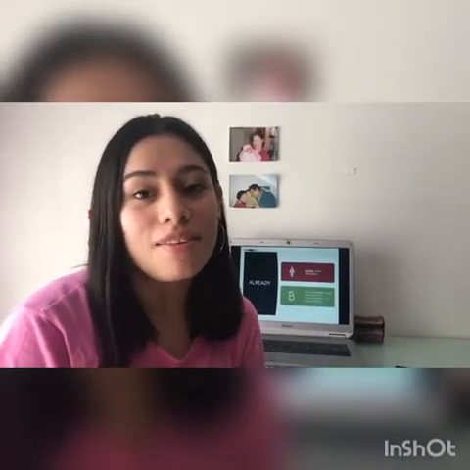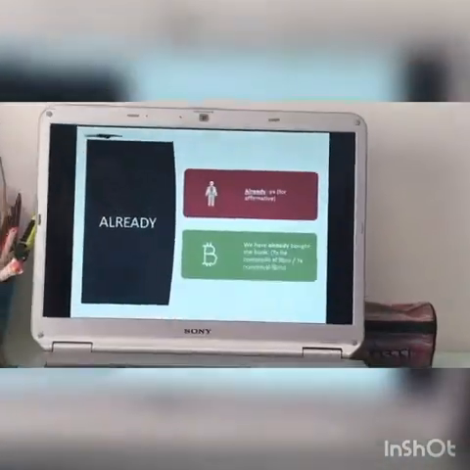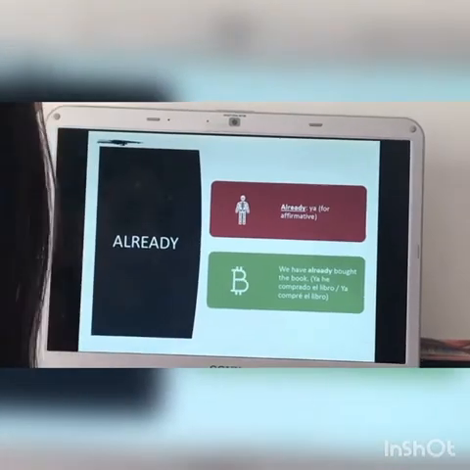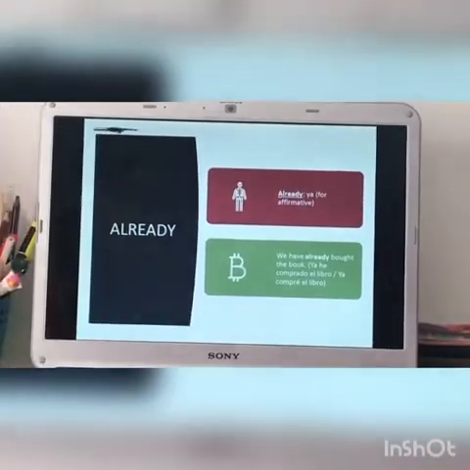Already, ya in Spanish. Used in affirmative sentences to indicate that something happened earlier than expected. It is right after the auxiliary have or has and before the past participle. For example, we have already bought the book. Ya he comprado el libro o ya compré el libro. Yet, ya or aún.